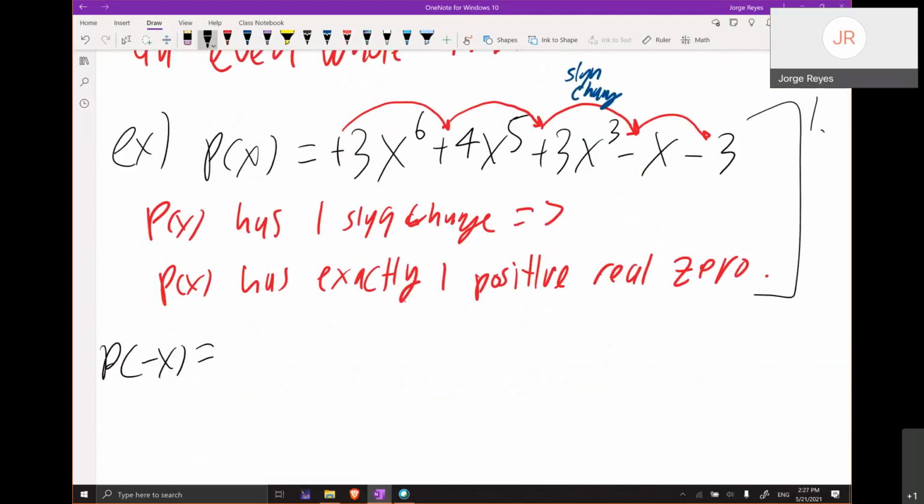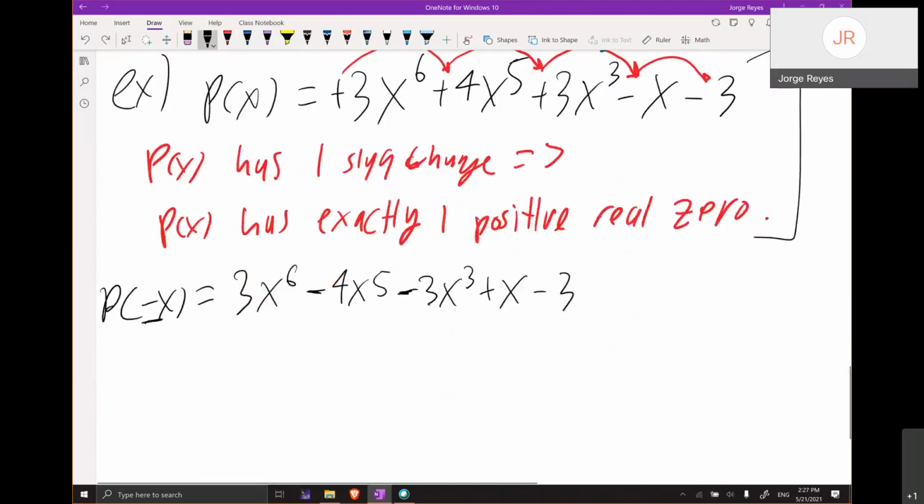Okay, so this is P of minus X. So here I'm going to have 6x, minus 5x to the 5th, minus 3x cubed plus x minus 3. When you plug in the negative x and you have the odd powers, the signs flip. So now I look at this thing's sign changes. Plus minus, that's one sign change, minus minus, minus plus, that's 2, plus minus, 3.